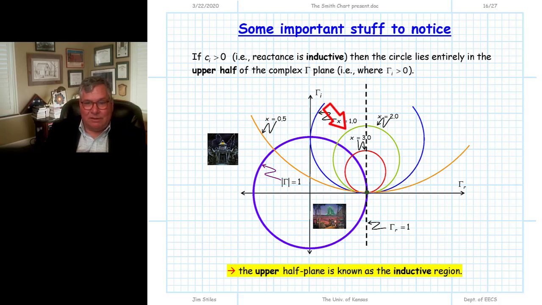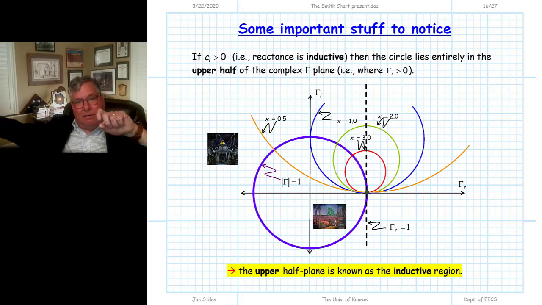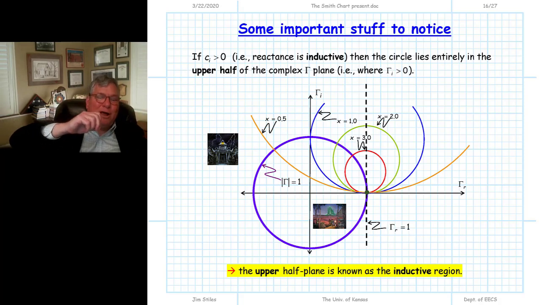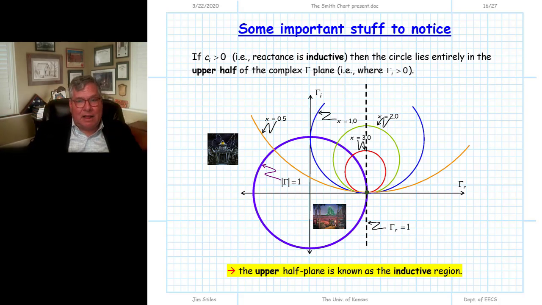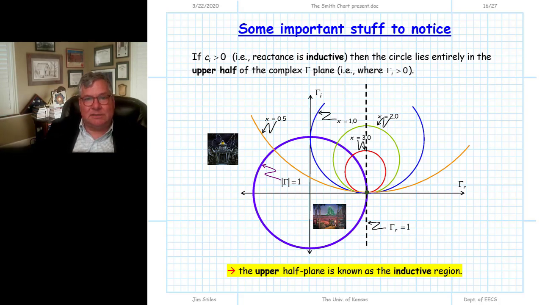Why is this? Well, it's pretty simple when you think about it. Remember, the normalized complex impedance plane, these are horizontal contours. Half of those contours are in the valid region of the complex impedance plane. They have resistive values which are positive. The other half of that horizontal contour is in the invalid region. It has resistances that are negative.